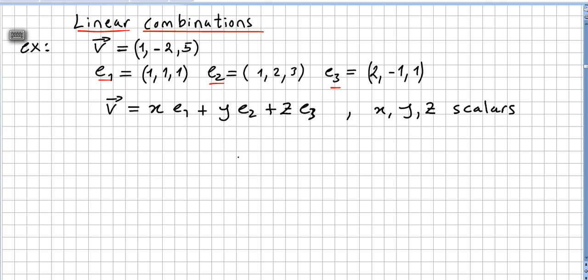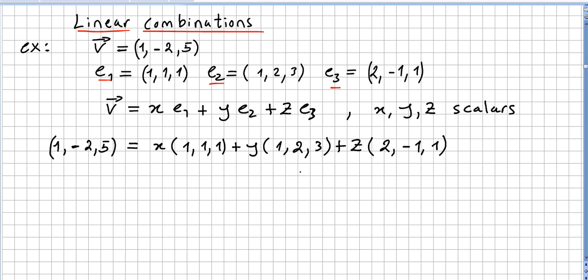Okay, so what do we have to do? We can write (1, -2, 5) as a linear combination. So we'll have (1, 1, 1) times x, (1, 2, 3) times y, and (2, -1, 1) times z.